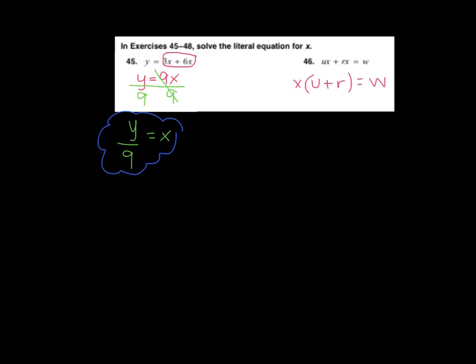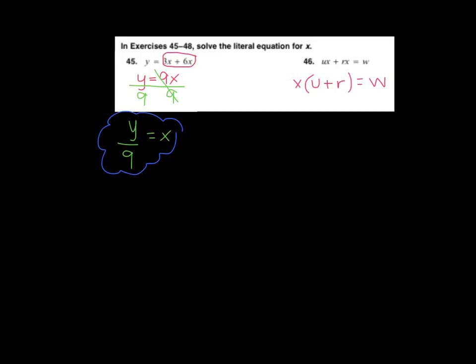Now remember, what allows us to do that is if I was to distribute, x would go back to the u and be ux, and x would go back with r and be rx. So this problem right here with x on the outside of the parentheses is just undoing the multiplication that's occurred.